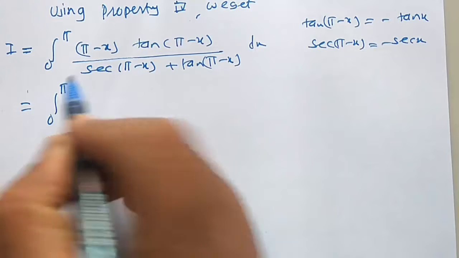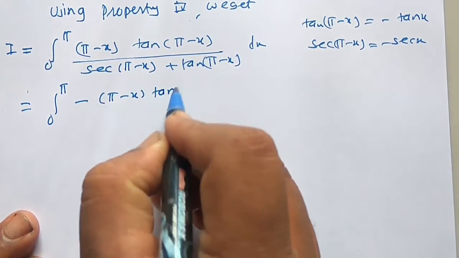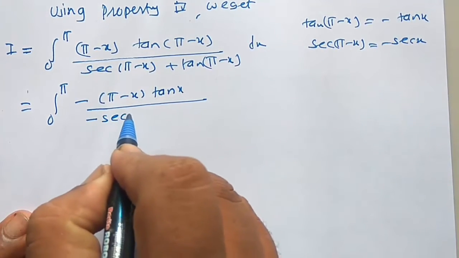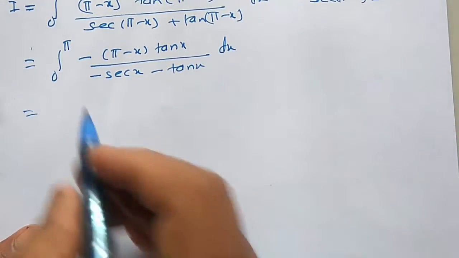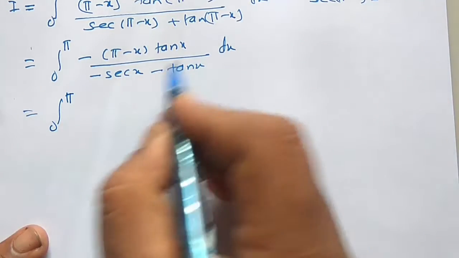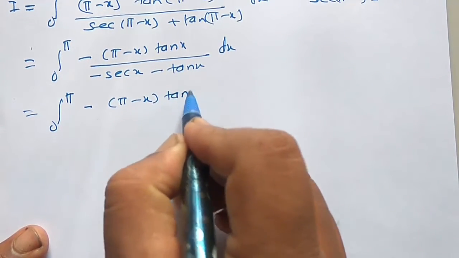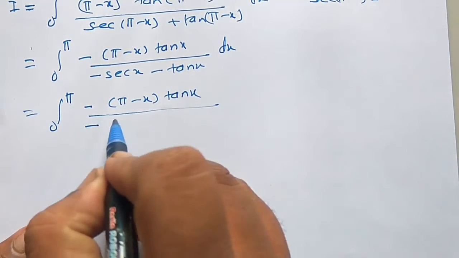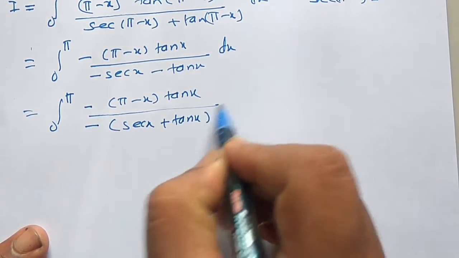integration 0 to pi of (pi minus x) tan x upon minus sec x minus tan x dx, which is equal to integration 0 to pi of (pi minus x) into tan x upon, here we can take the minus sign common, sec x plus tan x dx.